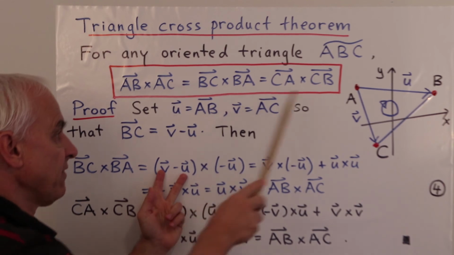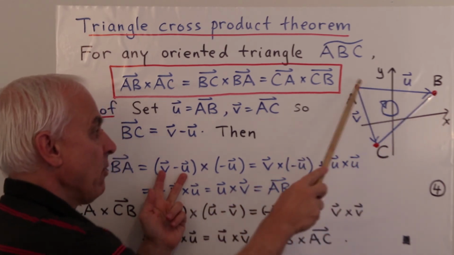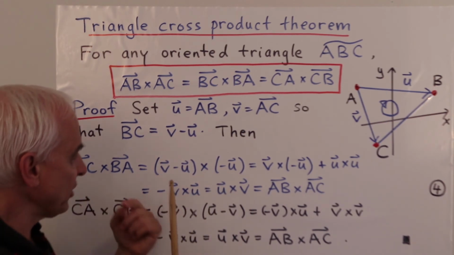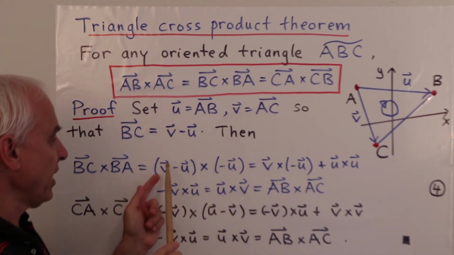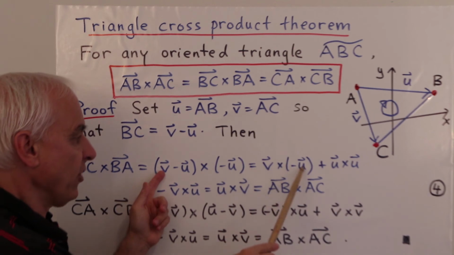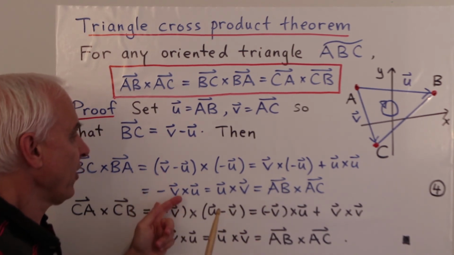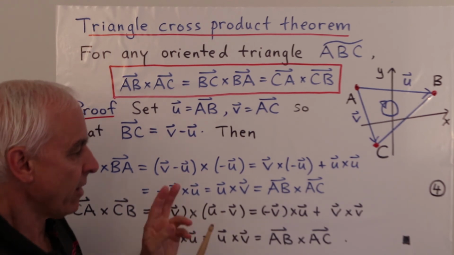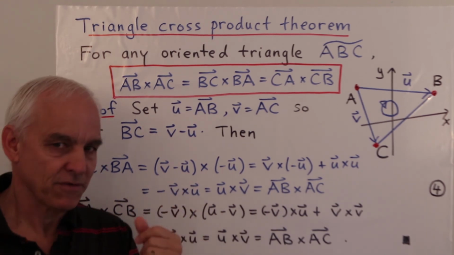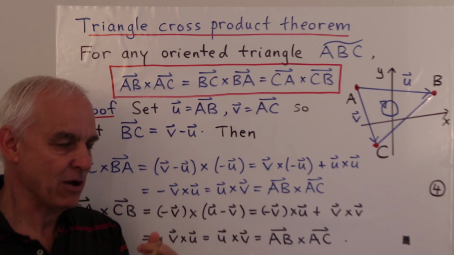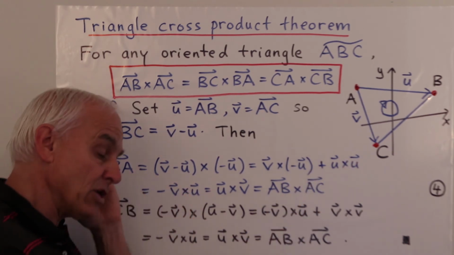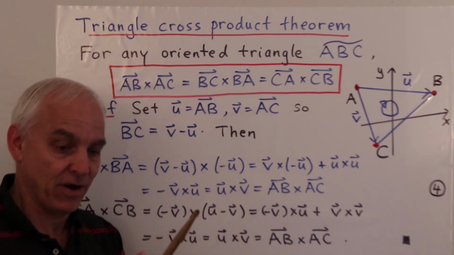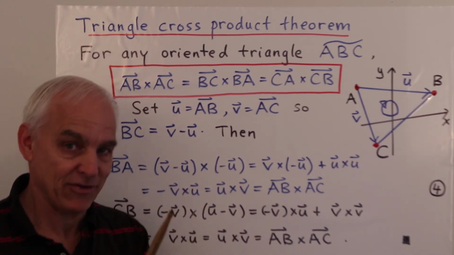Well, AB is the vector U, so BA will be the vector minus U. All right, now by the distributive property of the cross product, this is going to be V cross minus U plus minus U cross minus U. And I've sort of taken both of those minus signs out. So there's a minus U cross minus U actually here, but the minus sign comes out front and then the other minus sign comes out front. They both multiply to give us just a plus sign.